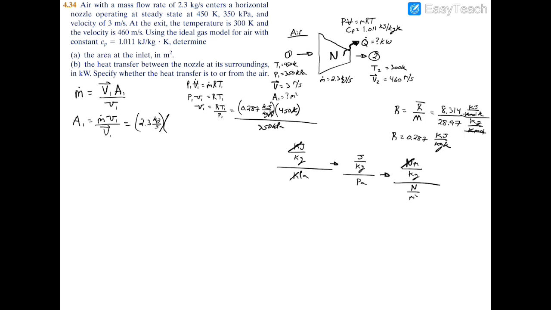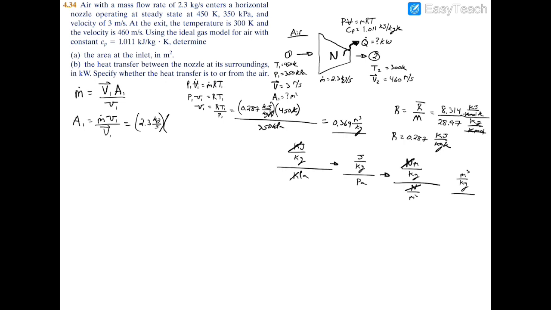Now we can cross out that Newton, and you're going to be left with meters per kilogram up top, but you're dividing it by 1 divided by meter squared, so you'll have m3 per kg. So that's your unit now that you're going to get out of this whole mess over here. So now when I multiply this whole thing out, I'll have that the specific volume at inlet 1 equals 0.369 cubic meters per kilogram.